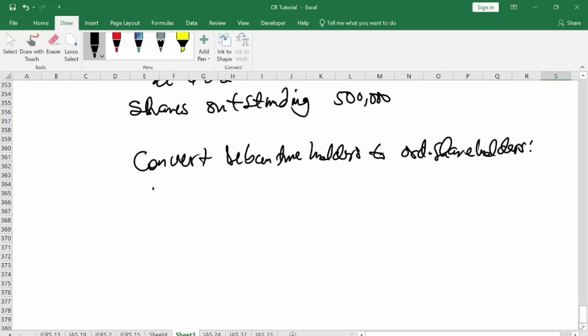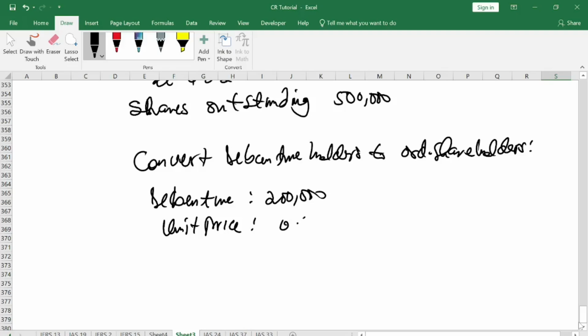The debenture is 200,000, and the unit of conversion is 0.2. When you multiply, you have 40,000 shares coming in.